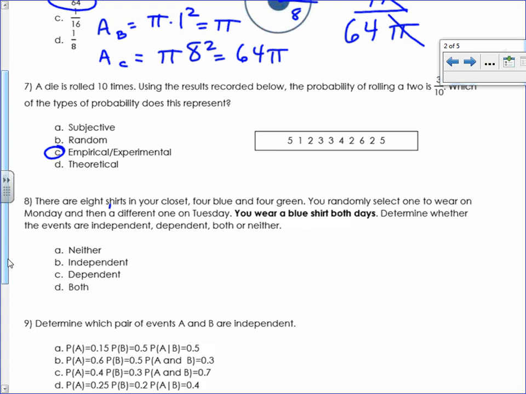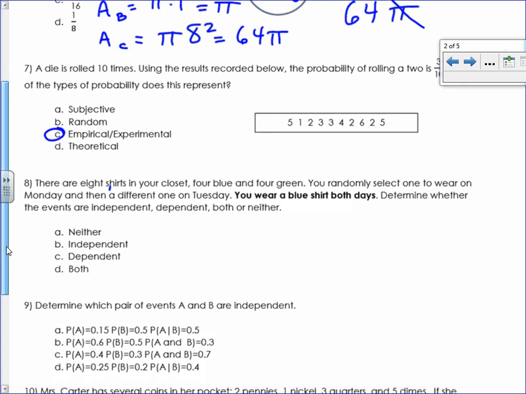That's subjective. It's based on an expert opinion. Oh, subjective is expert. Yes. Thank you. Okay? Theoretical. I didn't hear it. All I heard was theoretical. Okay. An example of theoretical, what is the probability of landing on heads if you flip a coin? Yeah. Okay. All right.